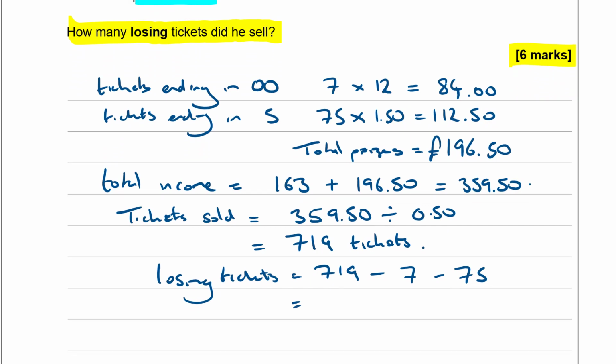So minus 7 minus 75 is 637. So he sold 637 losing tickets.